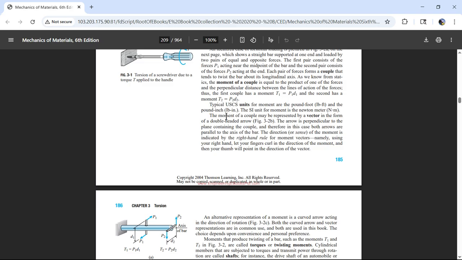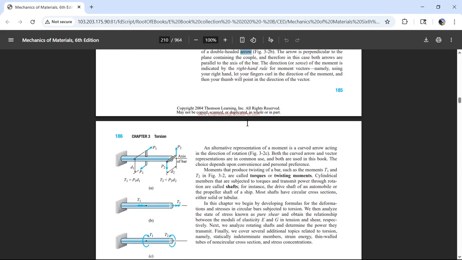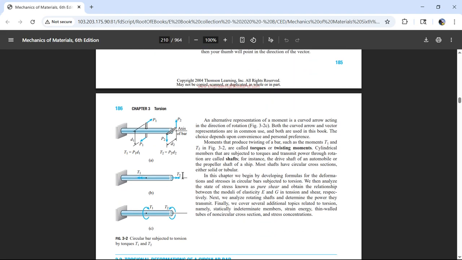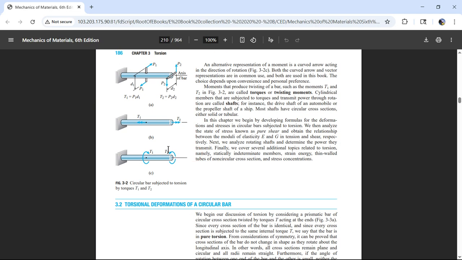The moment of a couple may be represented by a vector. The moment of a couple. So that's what we have here. This is a vector. It has a magnitude and a direction. The direction is axially along this rod, and it has a magnitude. This is kind of like what that vector is doing.